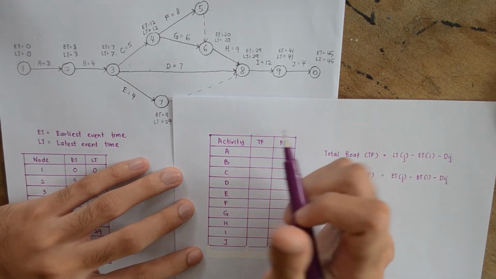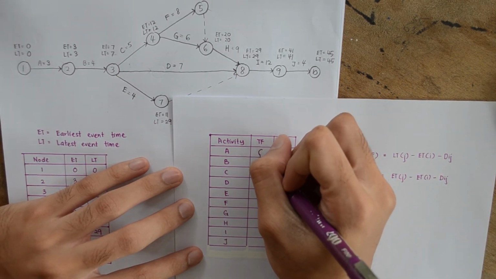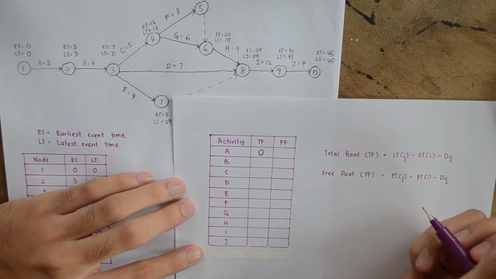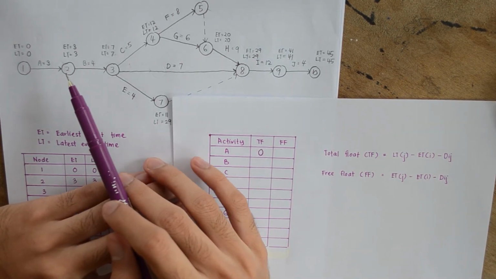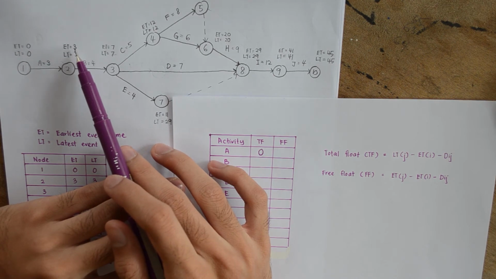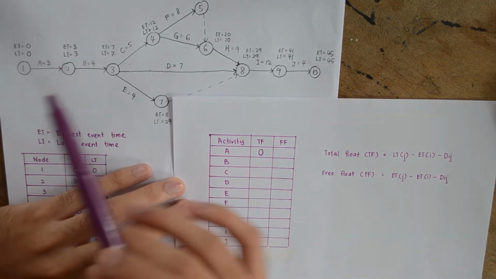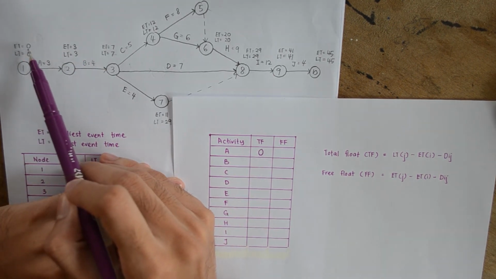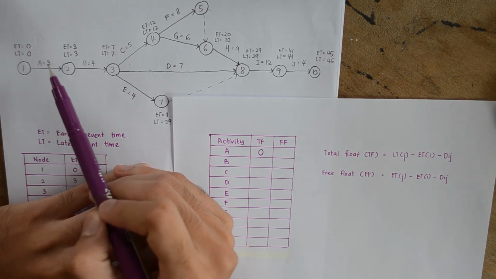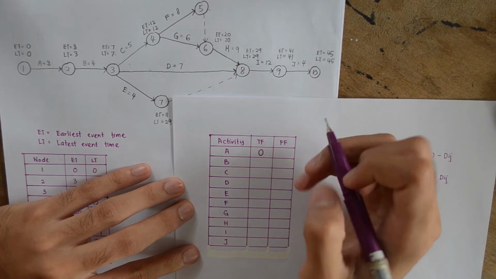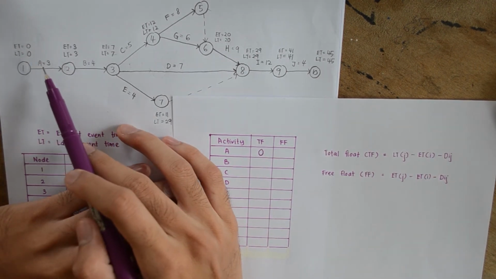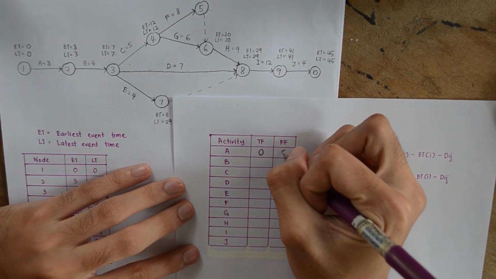So 3 minus 0 minus 3 would be 0. For free float, we must take the ET of the second node, which is 3, minus the ET of the first node, which is 0, and minus the duration, which is 3. So it will be 0.